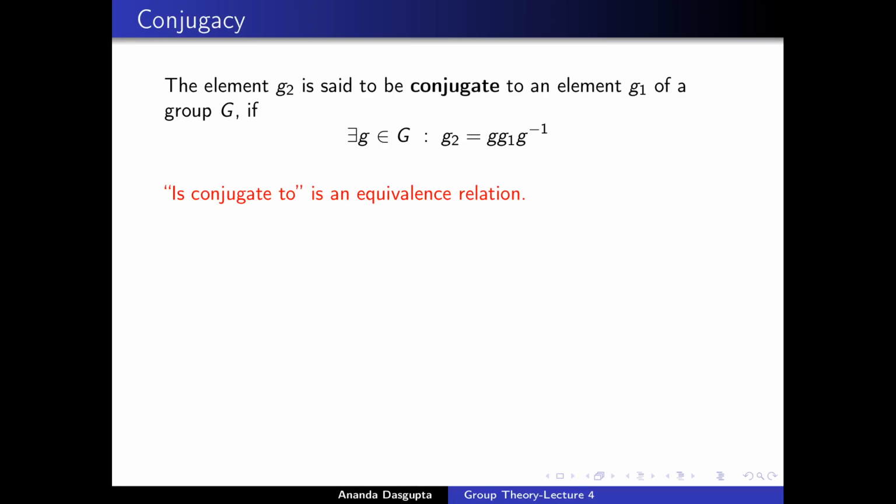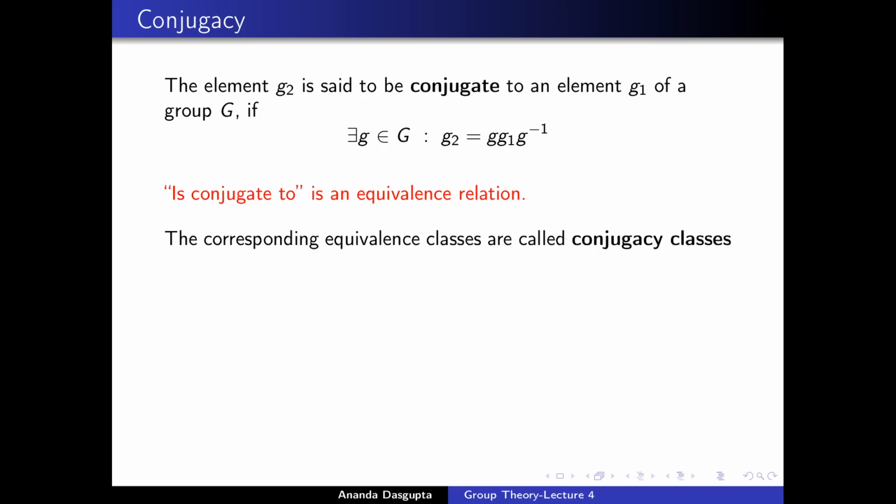Now that we have seen that conjugacy is an equivalence relation, it naturally follows that there will be equivalence classes corresponding to it. The equivalence classes corresponding to this particular relation are called conjugacy classes. And as we will see later, they will play a very important role in the theory of group representations, which is our real reason for being highly interested in them.